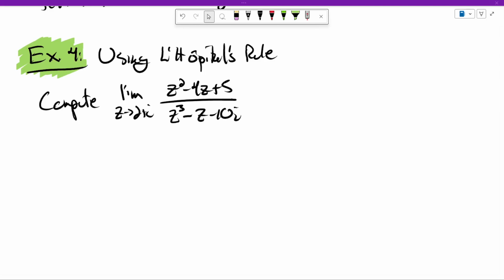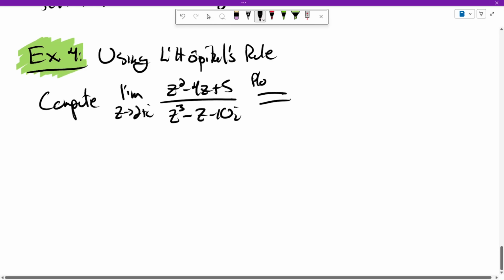Okay, so in this next example, we're going to look at L'Hopital's rule applied to a limit. You can check that with this quotient, if you were to plug in 2 plus i, what you're going to get is 0 over 0.